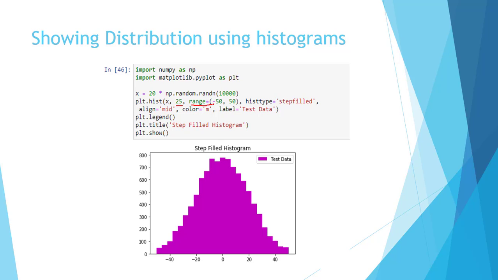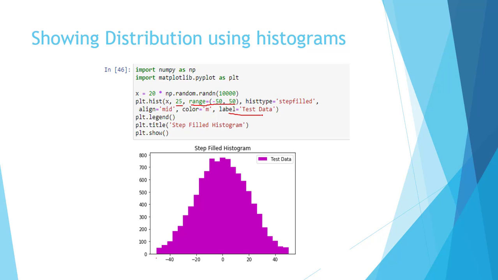Then the range is specified, that is minus 50 to 50. Here we can see that minus 50 to plus 50 is the relevant or important data for us, so we have specified the range of the relevant or considerable data for our histogram. The histtype is stepfilled, align is mid, color is magenta, m is for magenta, and label is test data.